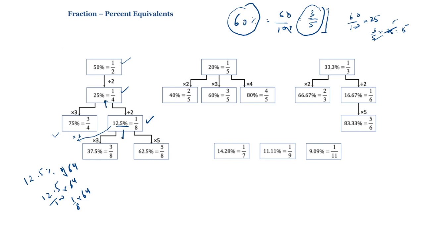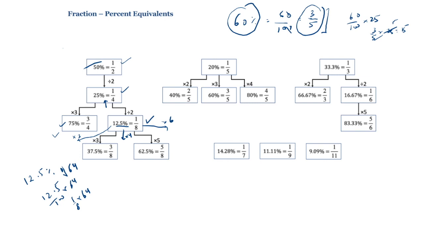When we multiply this by 4 on both sides, we go back to this, we get 50% is 4 by 8, which is nothing but this one. Then in case we multiply this by 6 on both sides, we get 75% is 3 by 4, which is nothing but this one.